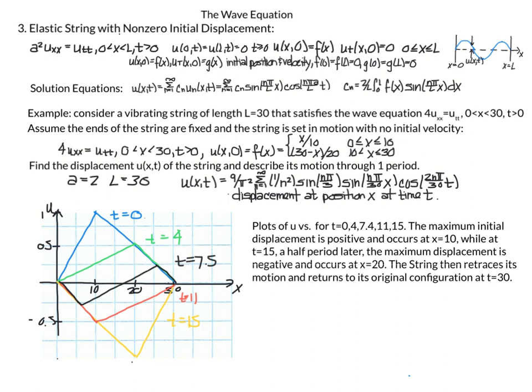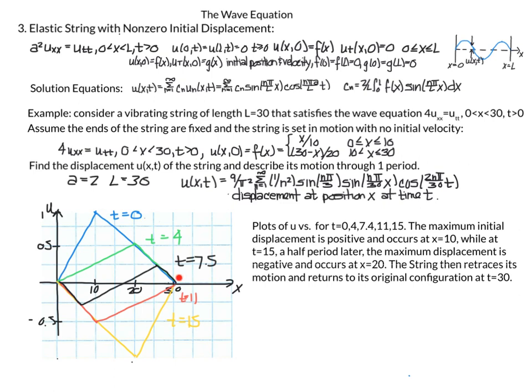Things to notice: the maximum initial displacement is positive and occurs at x equals 10, while at t equals 15, which is half a period later, the maximum displacement is negative and occurs at x equals 20. The string then retraces its motion and returns to its original configuration at t equals 30.